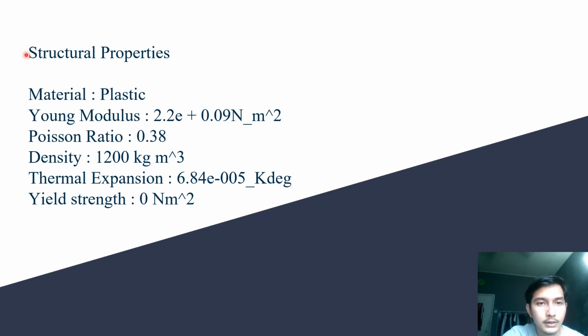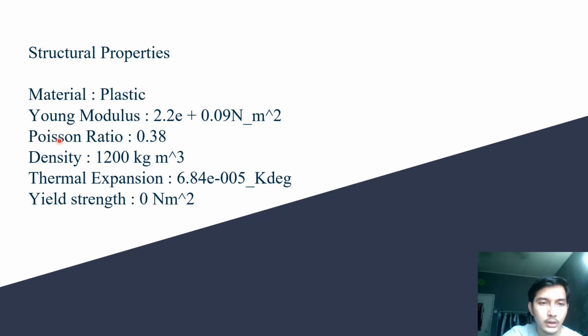This is the structure properties and the material of the product. The material we use is plastic. We use plastic because of the lightweight of the material and it is easy to process. The Young's modulus is 2.2E+09 Newton per meter squared, and the Poisson ratio is 0.38.